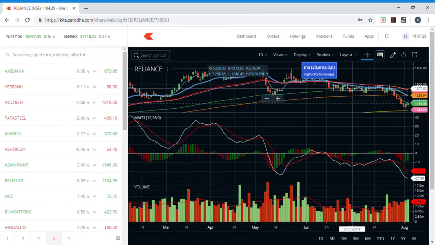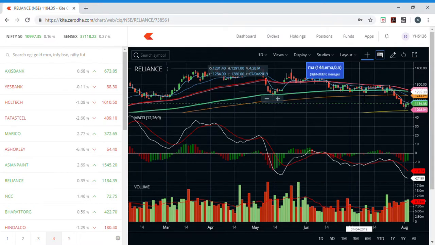That's a time where you need to take a trade again, because if you took a trade here, the closing price is 1268, and the next day it closed at 1278 with a high of 1281. So it's a 10-point profit which you can earn. And as you can see here, it is getting close to your 50-day exponential moving average.